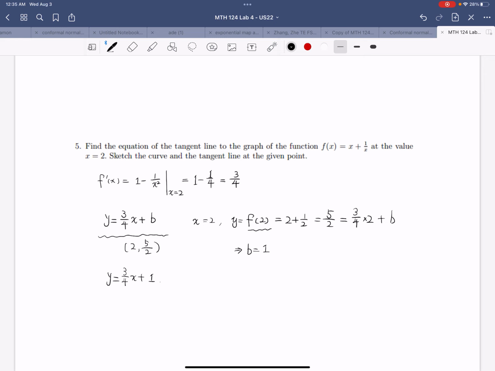This means b equals 1, right? You take this equation and solve for b, and then you get the equation for the line. So that's the last question. Okay, that's it.